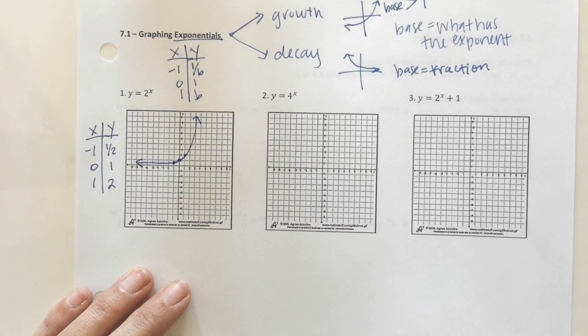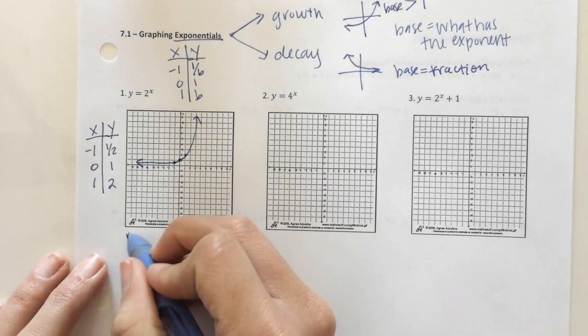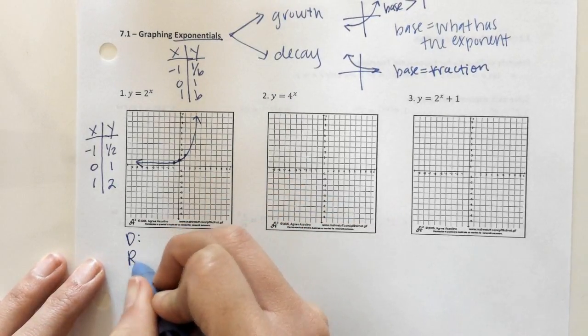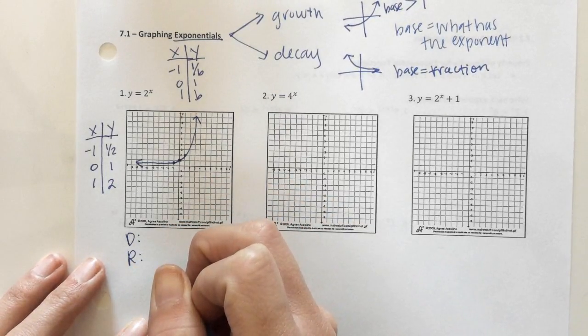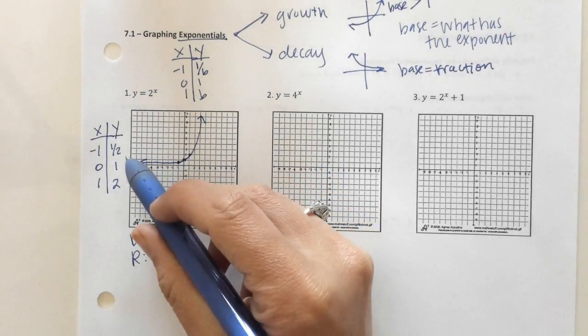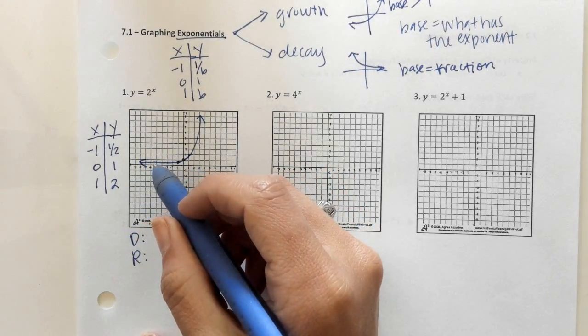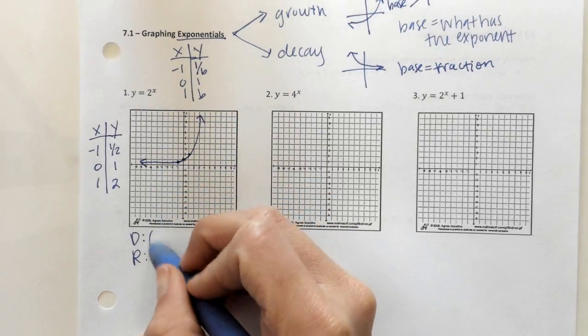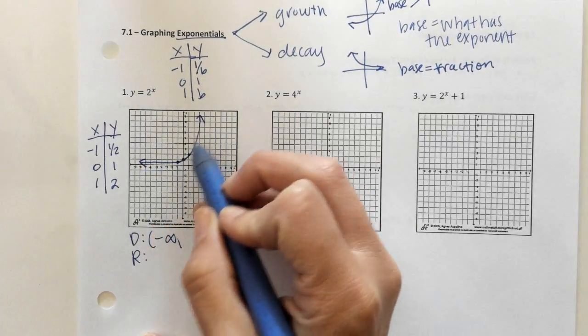Last thing is domain and range that we have to identify. Domain is what values? X values, which means how far left your graph's going and how far right. Alright, how far left is our graph going? Not infinity. Negative infinity. How far right is your graph going to go?